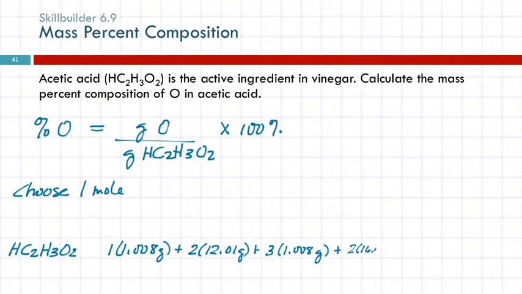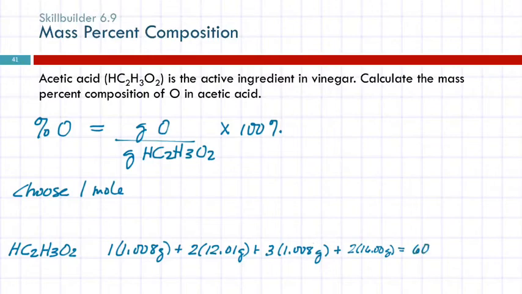And 2 moles of oxygen, 16 grams. (1.008) plus 2 times 12.01 plus 3 times 1.008 plus 2 times 16 equals.